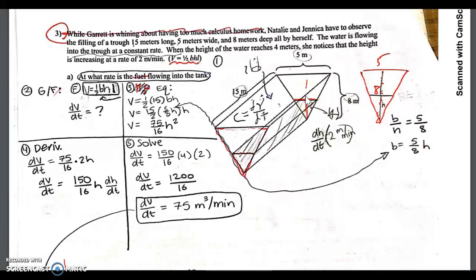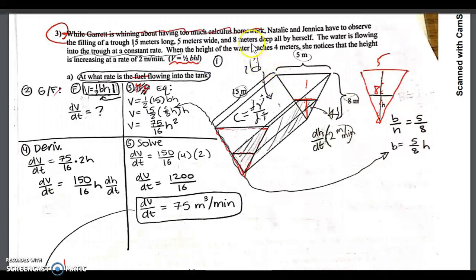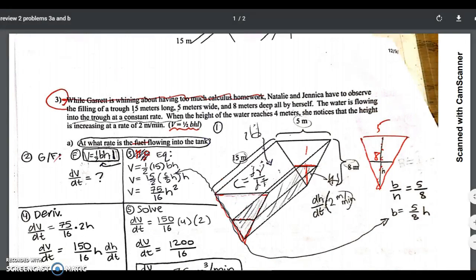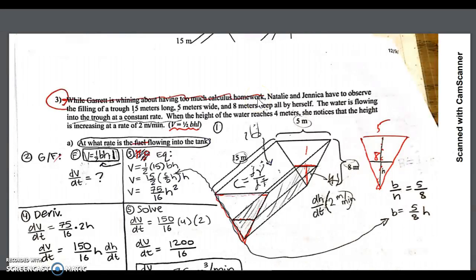And by the way, this work was done by Chloe, who did an outstanding job. What we've got in the given information is that up here, and I eliminated what was irrelevant, we have this information about homework, got rid of it, it doesn't apply. But they did tell us that there was a pipe, and that pipe was flowing a liquid into the trough at a constant rate.